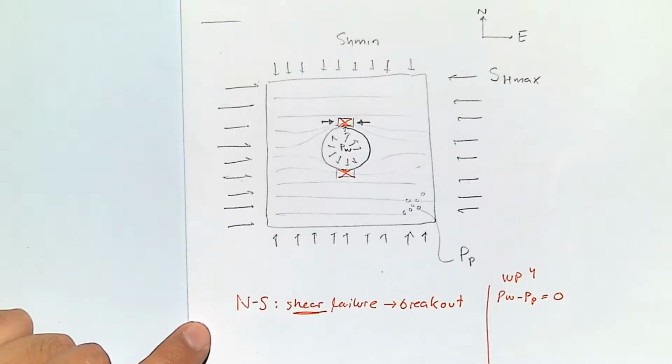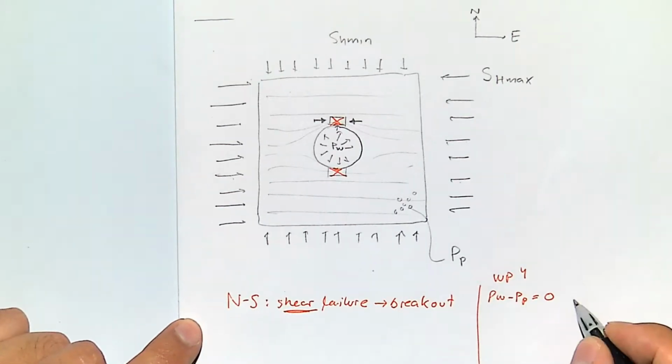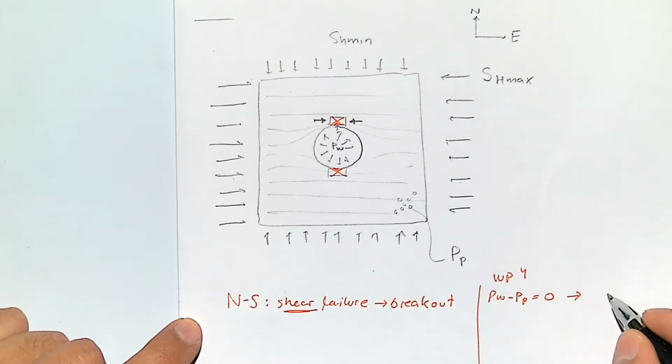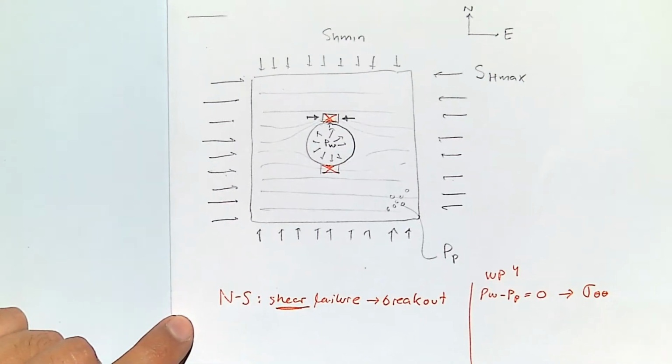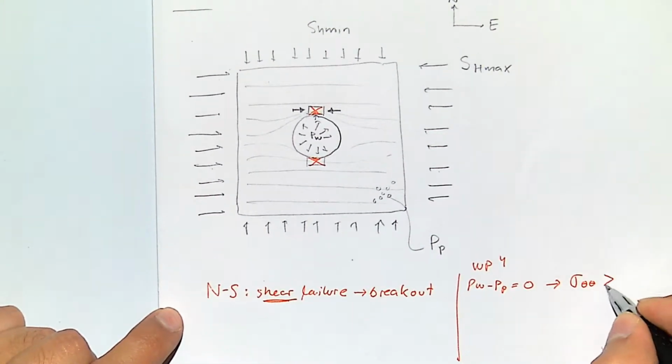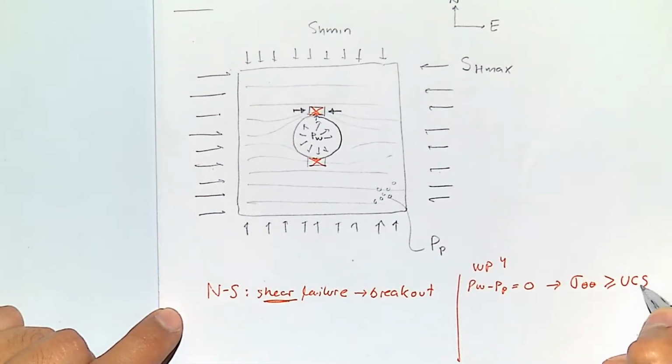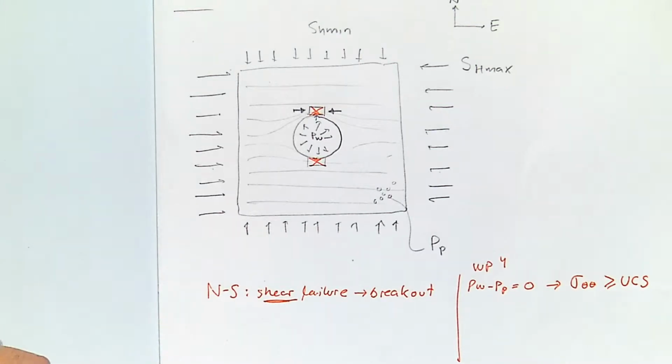And if that's 0, that means that checking for shear is just going to mean that you need to check if sigma theta theta is larger than or equal to UCS, where UCS is the unconfined compression strength of the rock. That's going to be the criterion for checking for shear.